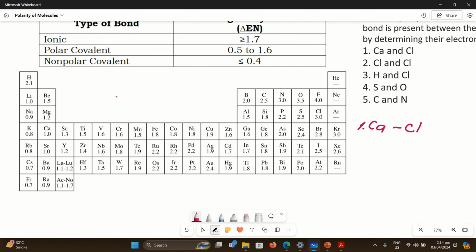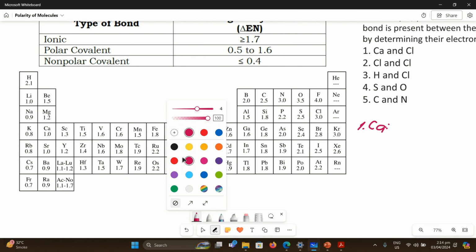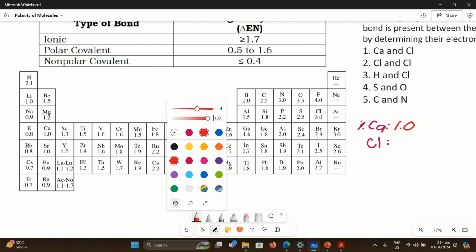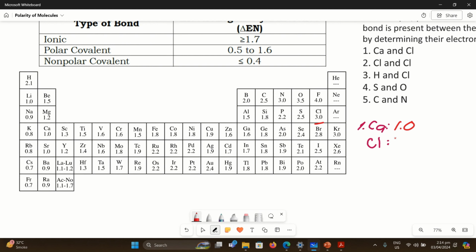Calcium is here. Let's put the electronegativity of calcium, that is 1.0. Another one is Cl. Its electronegativity is here, 3.0. So we need to subtract 3.0 minus 1.0, that is equal to 2.0.